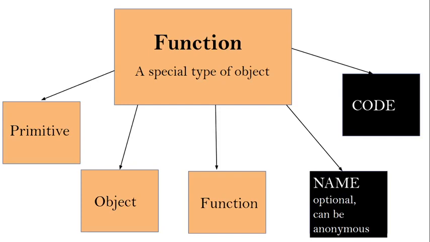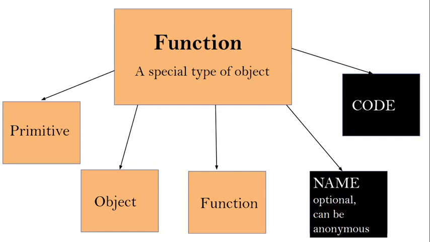So essentially, the code that you write gets placed into a special property of the function object. It isn't like the code that you write is the function. The function is the object with the other properties, and the code you write is just one of these properties that you are adding onto it.